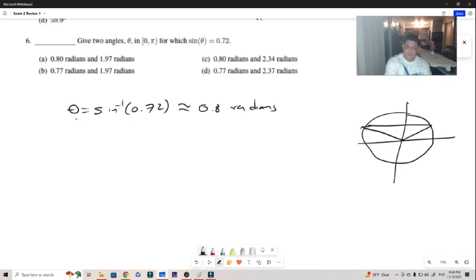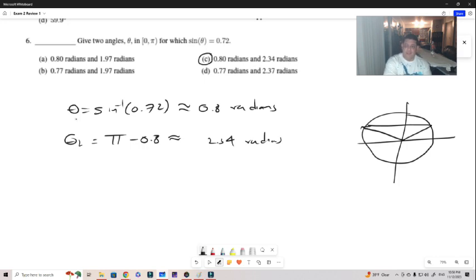So to get my second angle, I just need to do pi minus 0.8. That's going to represent this angle over here. And so pi minus 0.8 will be 2.34 radians. And so my answer will be C.